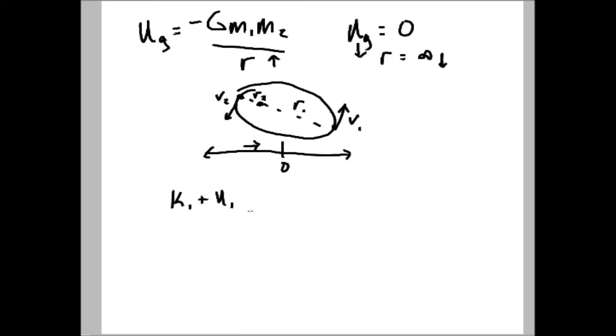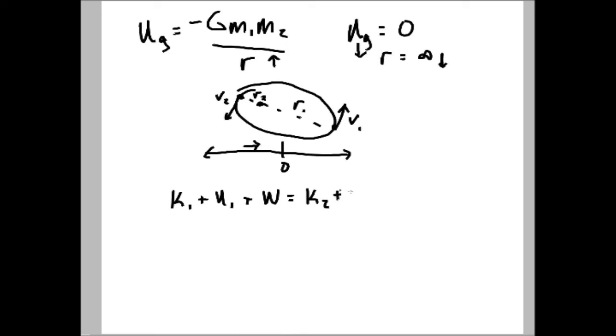The only thing that changes between a problem like this and a problem where you've got a cart on a hill and it rolls down, is the fact that our potential energy is now not mgh, it's negative G m1 m2 over r.